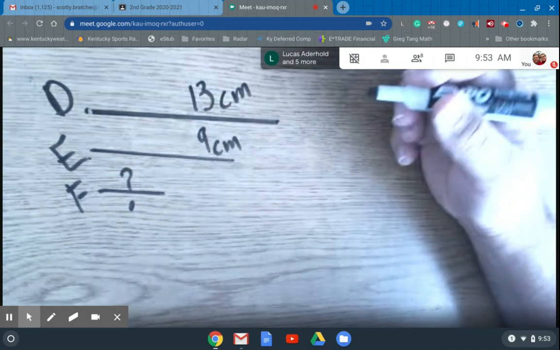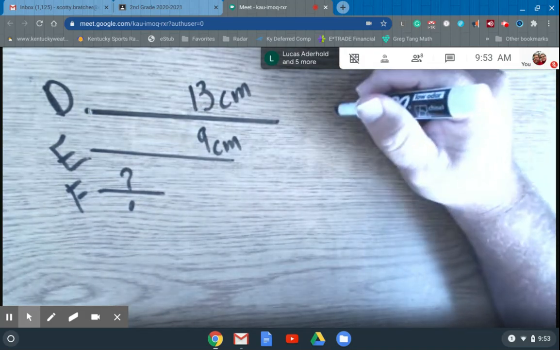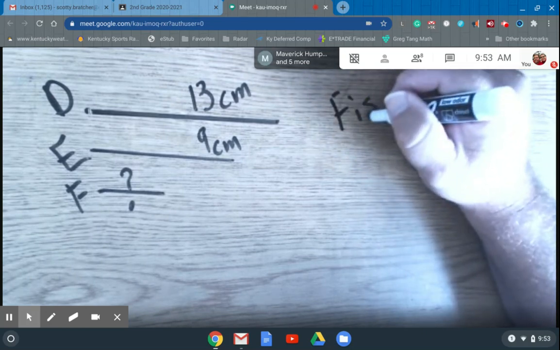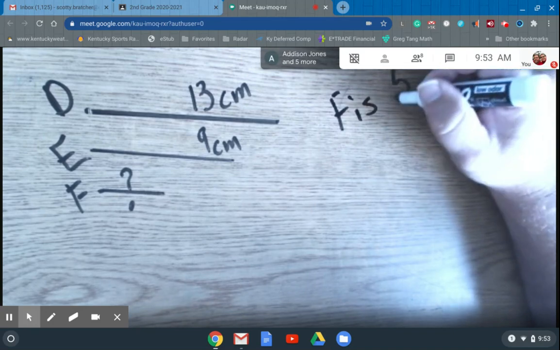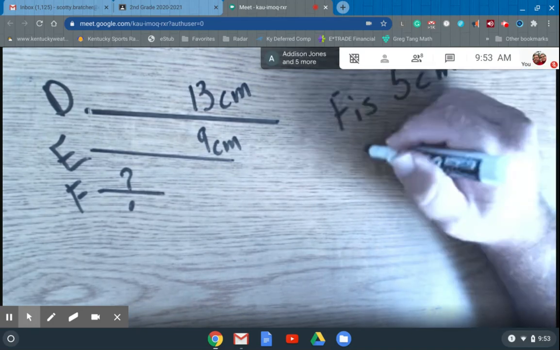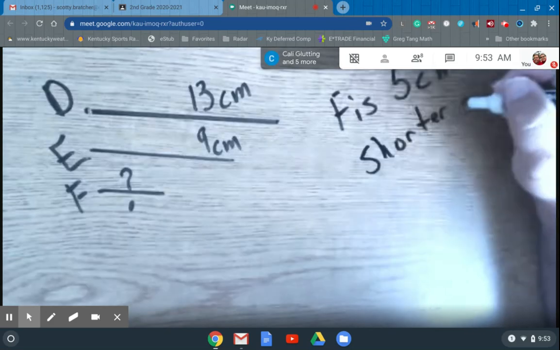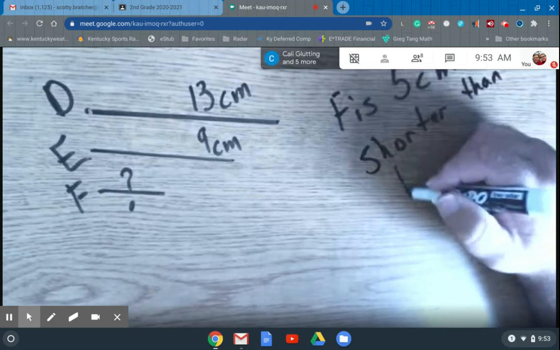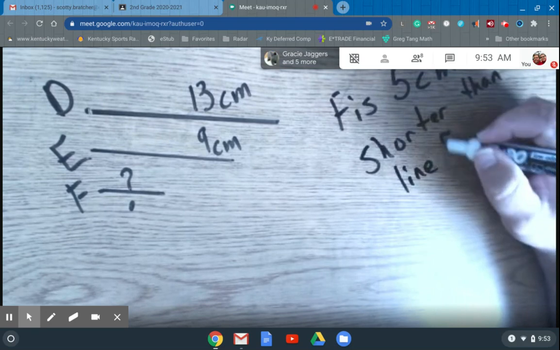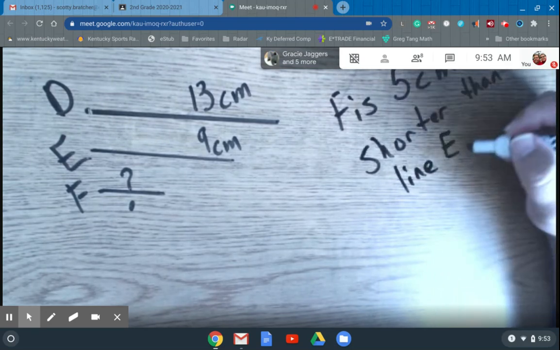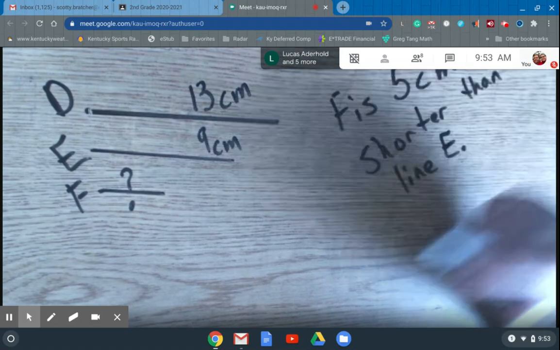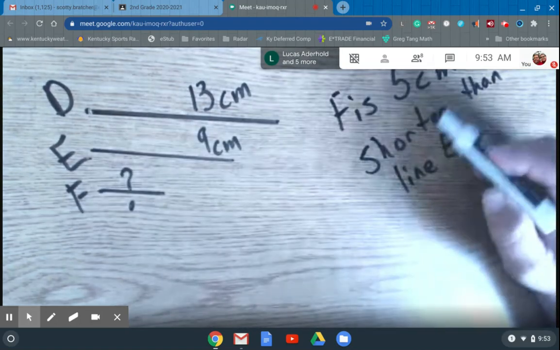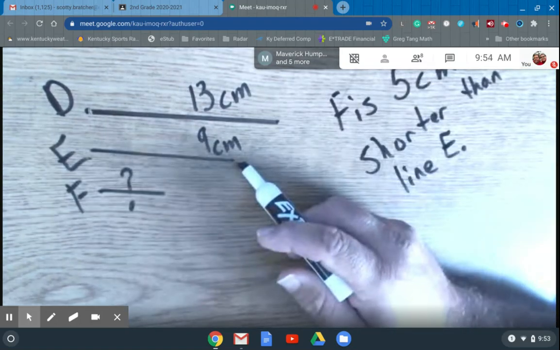So I'm going to tell you that line F is 5 centimeters shorter than line E. So this line is 5 centimeters shorter than this line.